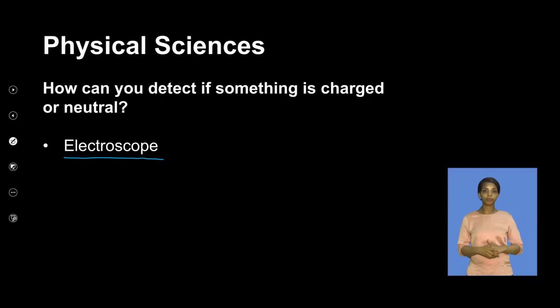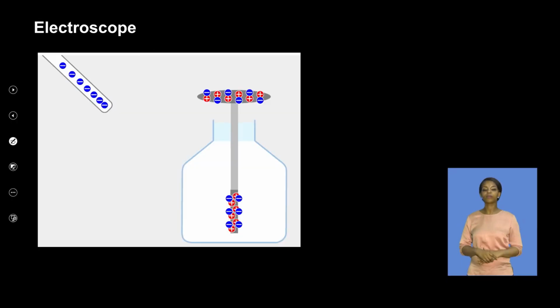Okay, so here is a scenario. Say for argument's sake, we've got a material that is charged. This is negatively charged. The electroscope is neutral. Let's put it out there that this is the simplest diagrammatic representation of what an electroscope looks like.